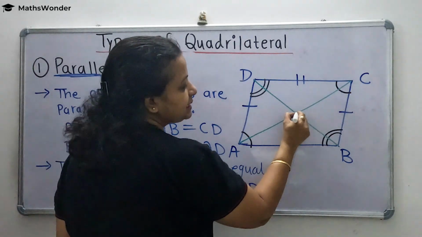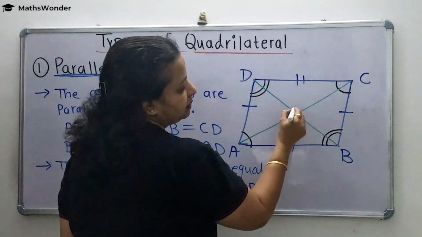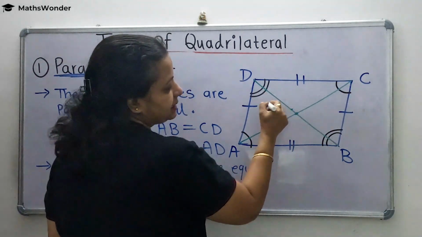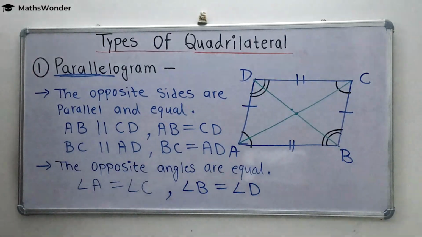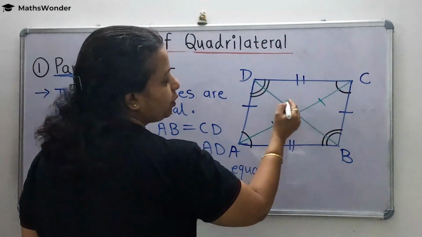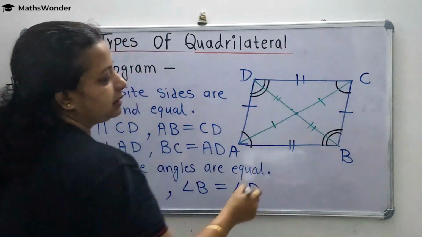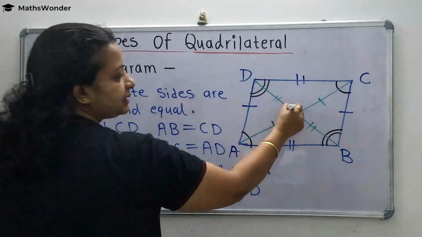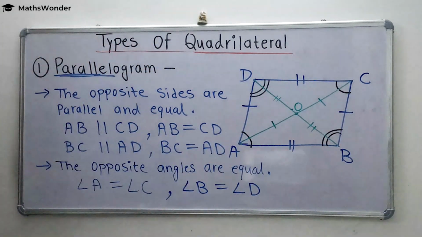So the diagonals bisect each other. Bisect each other means this and this are equal, and this and this are equal. So the diagonals bisect each other.